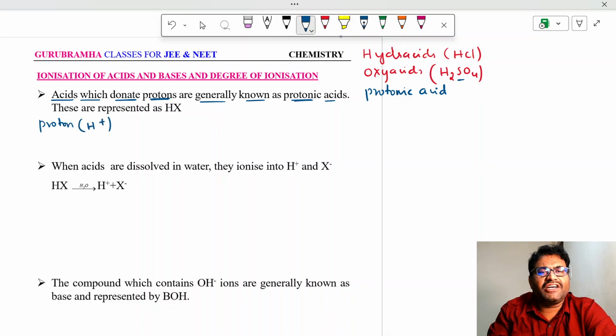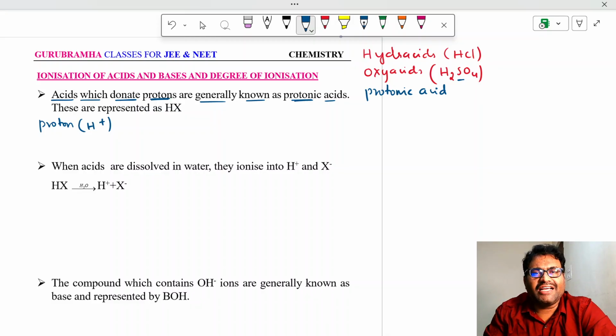Proton is represented as hydrogen, H plus. If the acid has to donate a proton, it should contain a proton. These hydra acids and oxy acids contain protons.